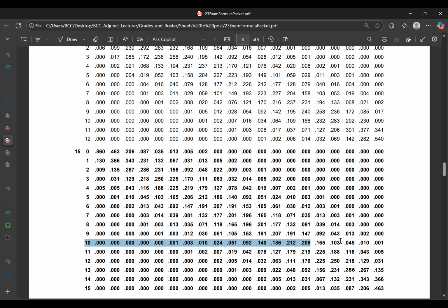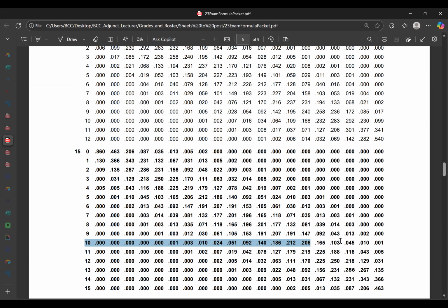So you go to the binomial table, and you go to 15. Why are we going to 15, Professor? Because that's the n. They gave you the story: n equals 15.